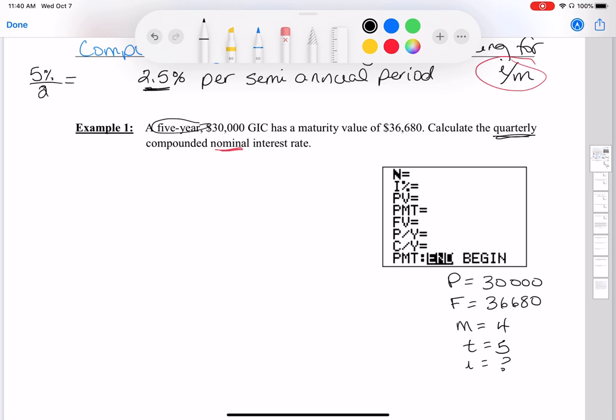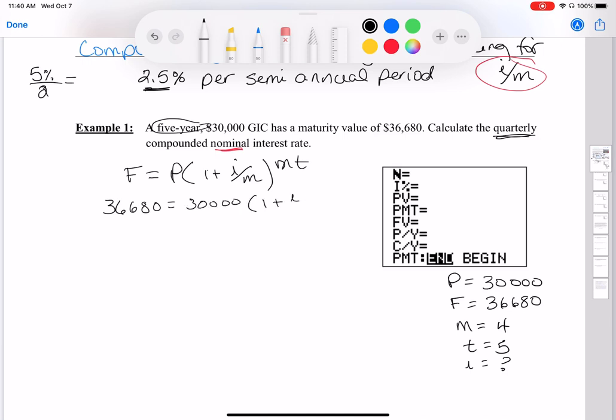So let's take our compound interest formula. So it's F equals P times (1 plus I over M) to the MT. And let's substitute in everything we know. All right, so we know that F is 36,680. We know that P is 30,000.